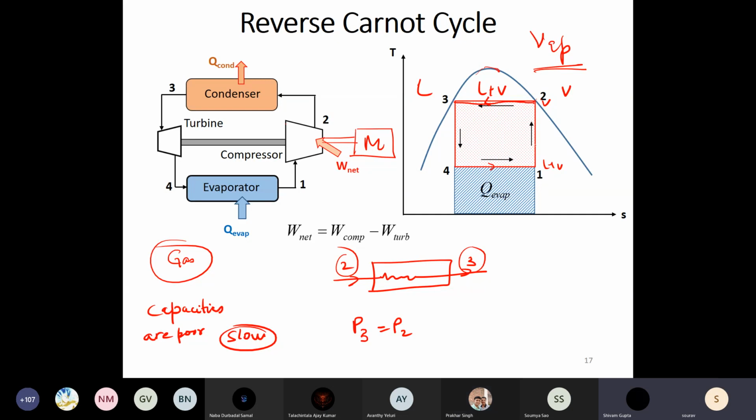Okay, so you are thinking only purely in terms of thermodynamics. There are practical issues with the compressor or the turbine working in the two-phase region.